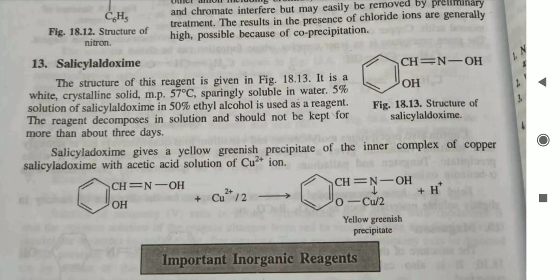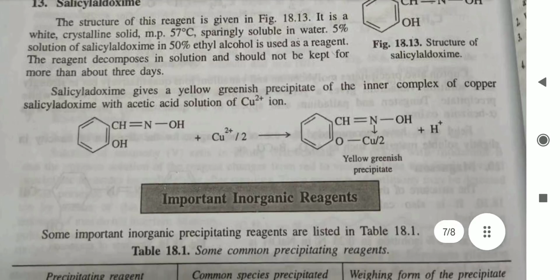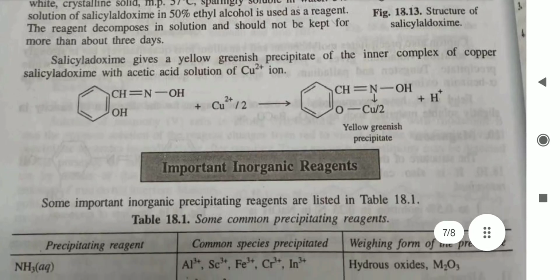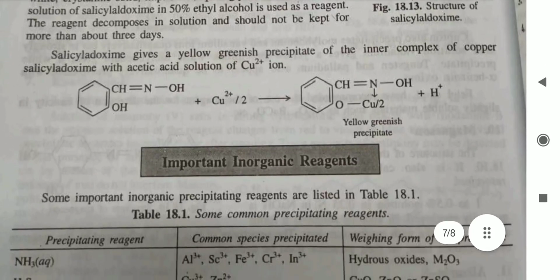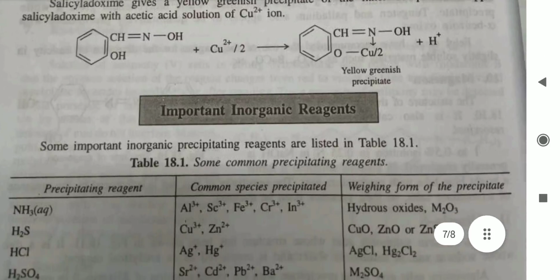The reagent decomposes in solution and should not be kept for more than about 30 days. Salicylaldoxime gives a yellow greenish precipitate of the inner complex of copper salicylaldoxime with acetic acid solution of Cu2+ ion.